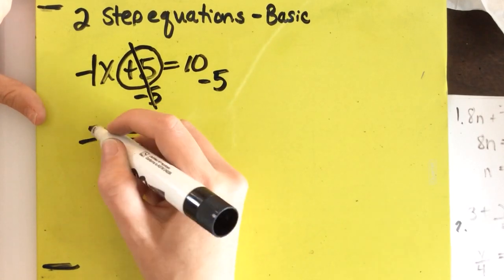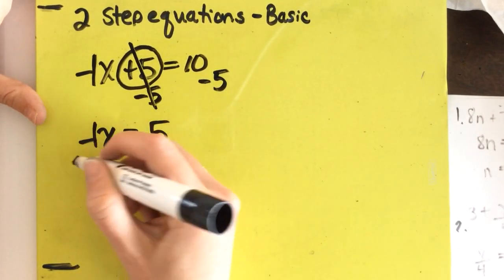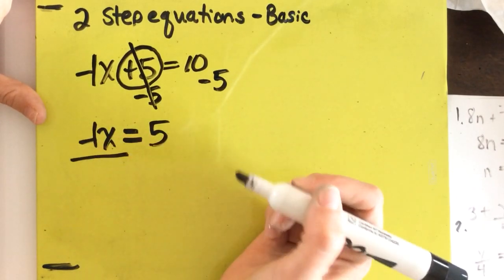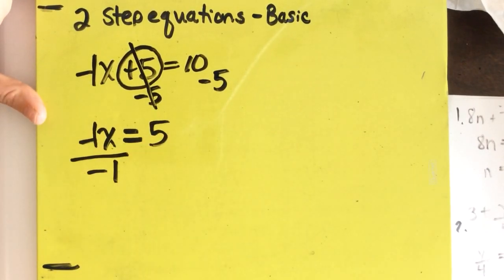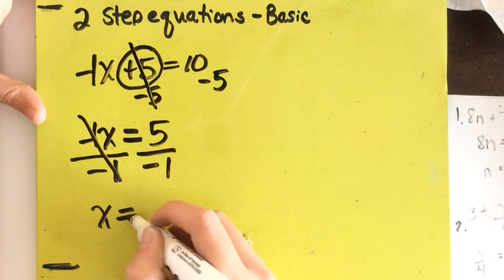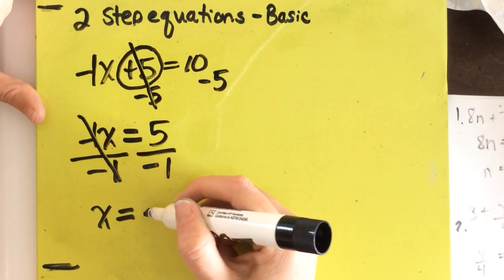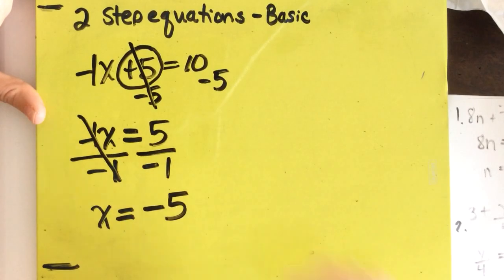And we always want to know what the positive value of x is, not the negative value. So if we have a -1 multiplied by x, we have to do the inverse operation and divide by -1. So that would get rid of those. If I'm dividing by -1, I end up with x equals positive divided by negative is a negative answer of 5.